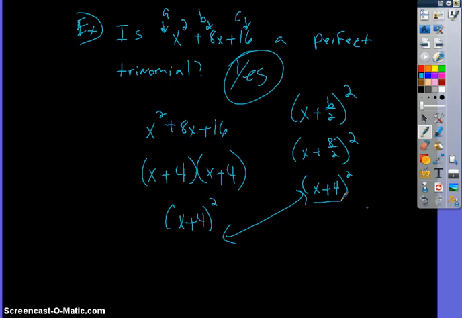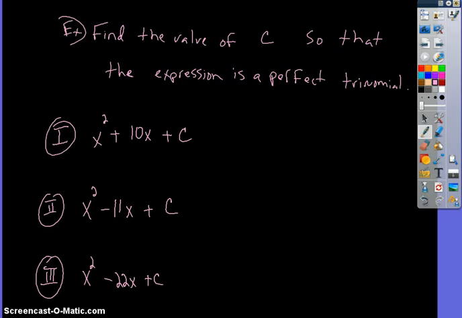All right, another example. This example says find the value of c so that the expression is a perfect trinomial. So you want to find out how to make this thing a perfect trinomial. Right now, it says x squared plus 10x plus c. Basically, c is always going to wind up being half of b, squared.